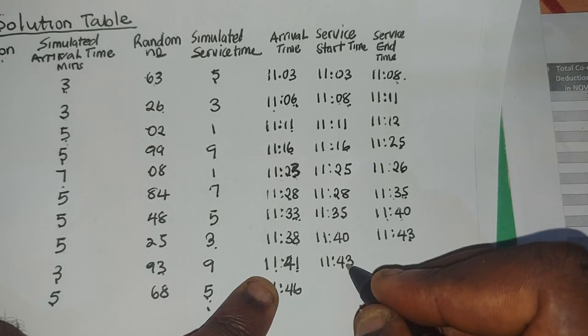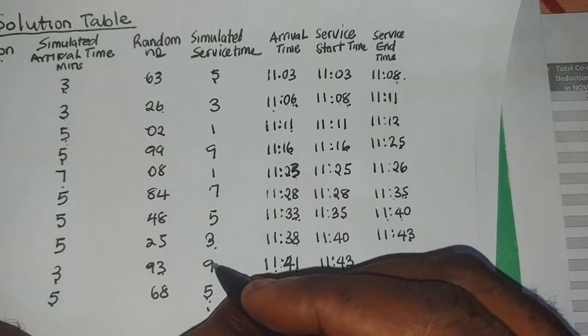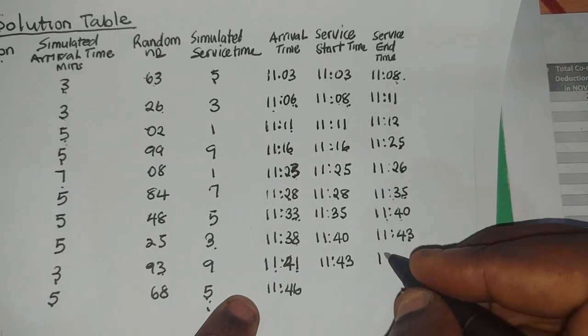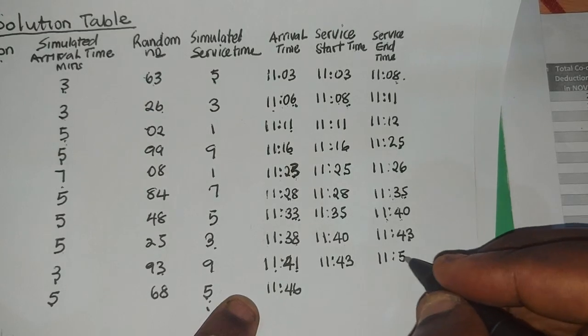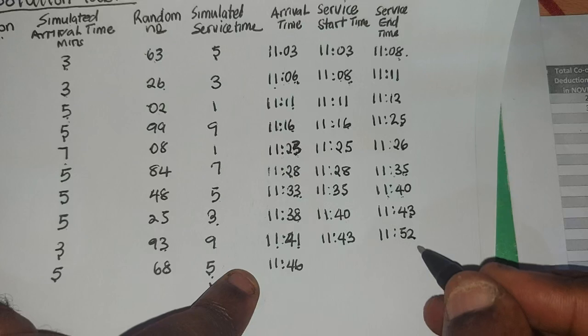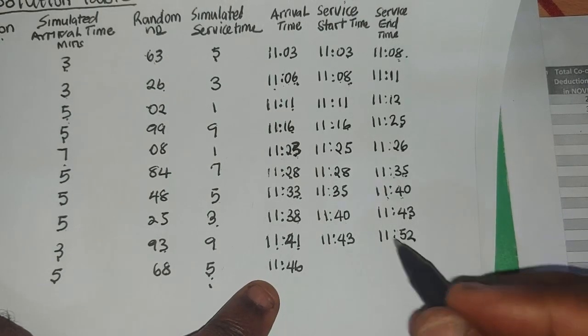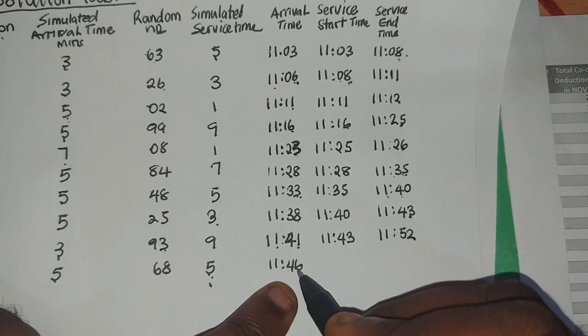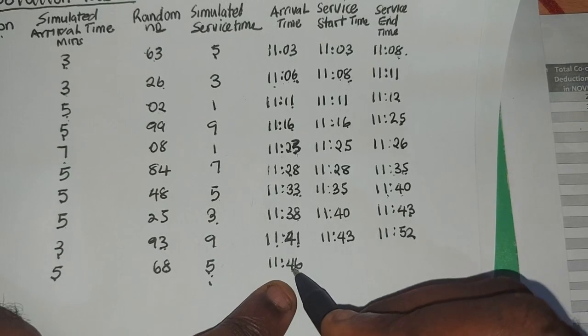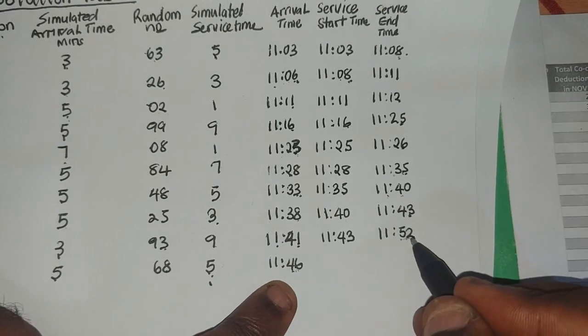Okay, and he spends 9 minutes. So if he spends 9 minutes, he will finish 11:52. So 11:52, as at that time, a customer is already waiting, is on the queue that arrived 11:46. So by 11:46, service is still going on.